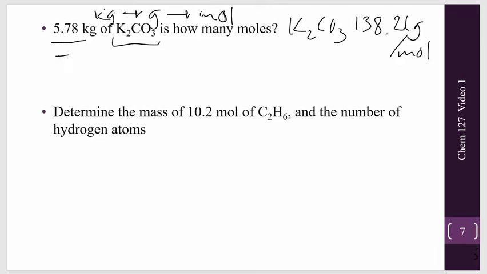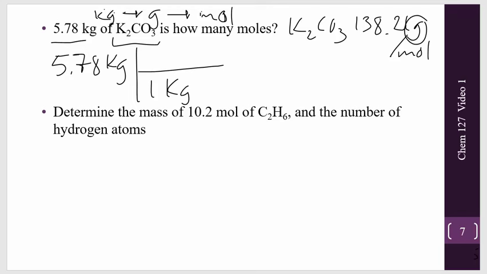So we're starting out with our 5.78 kilograms. Now we need to convert that into grams for our conversion factor, because our grams per mole is in grams. So 1 kilogram is 10 to the third grams.